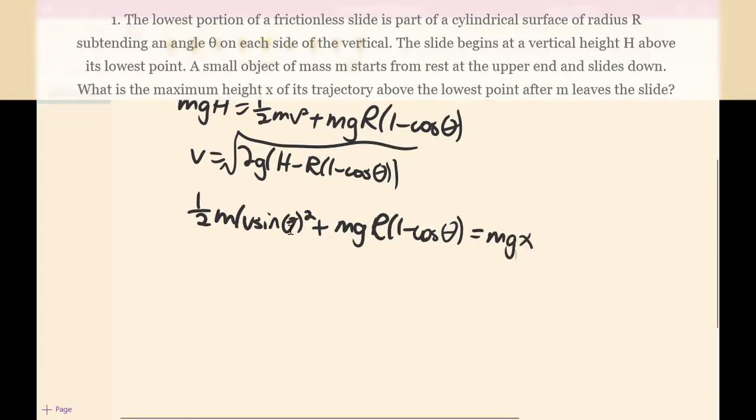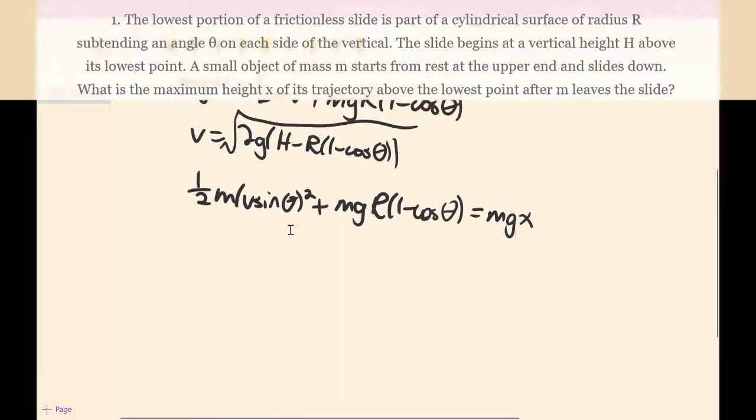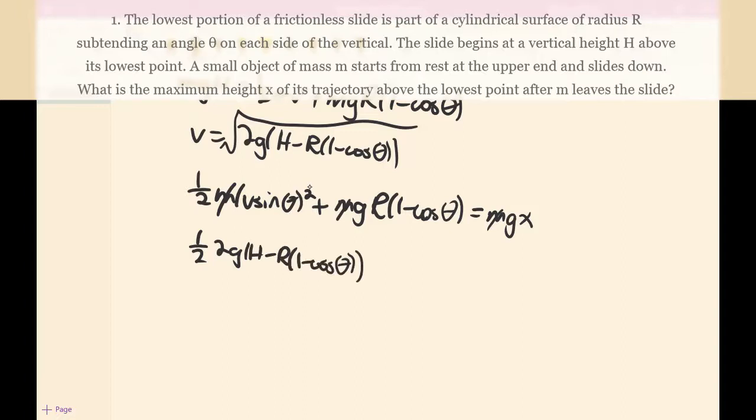Okay, so we can first cancel out all the m's. Then 1/2 times (v sine theta) squared would be 1/2 times 2g times h minus r, 1 minus cosine theta, then times sine squared theta, plus g times r times 1 minus cosine theta, is equal to gx.